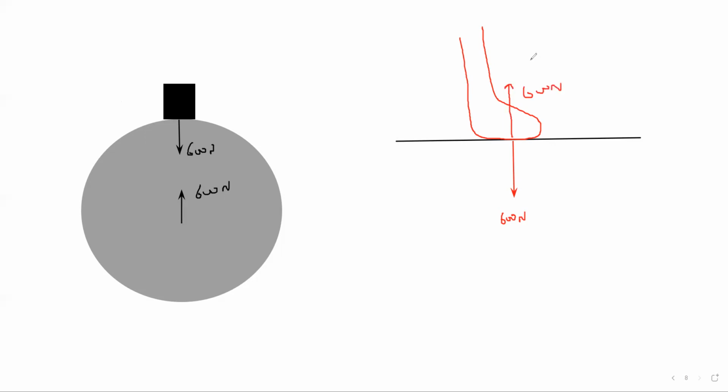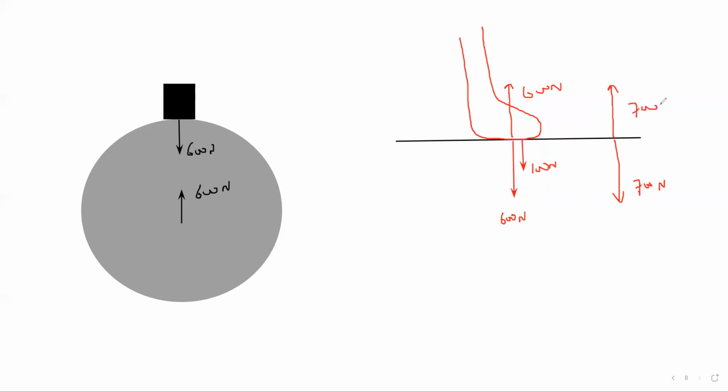But what happens if we want to jump? What we try to do is push the ground. So 600 is already our weight acting down, and we try to push the ground. So we change the total downward force: 600 already because of the weight, and 100, for example, we applied. So the total downward force is 700 Newton. If the total downward is 700 Newton, what will be the total upward force?